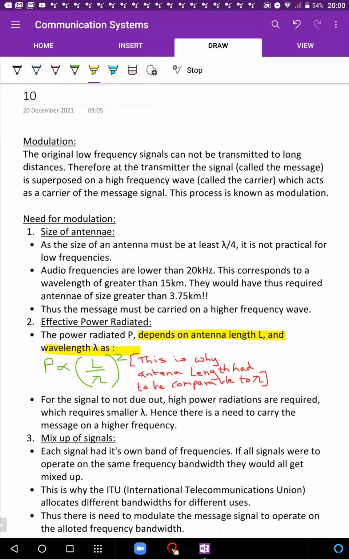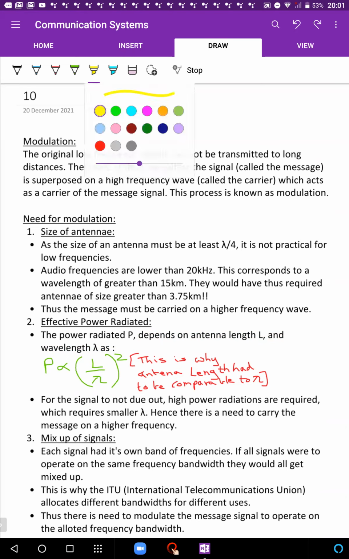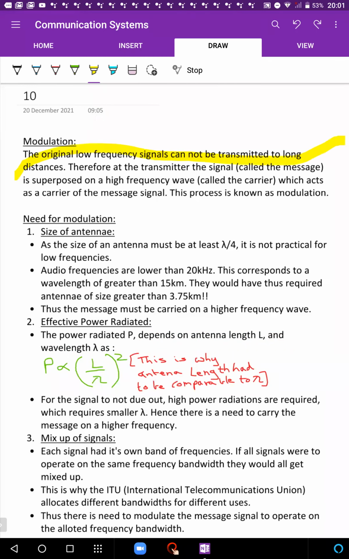So a bigger L, meaning antenna length, basically what I was just saying, a bigger antenna length will ensure more power because bigger antenna length ensures bigger amplitudes, right? So in a way, if you keep (L by lambda) square big, we are ensuring that the ratio of amplitude to wavelength is big, and then that's a more significant wave. If you keep the amplitude to wavelength ratio small, it will be a very weak disturbance. Okay?